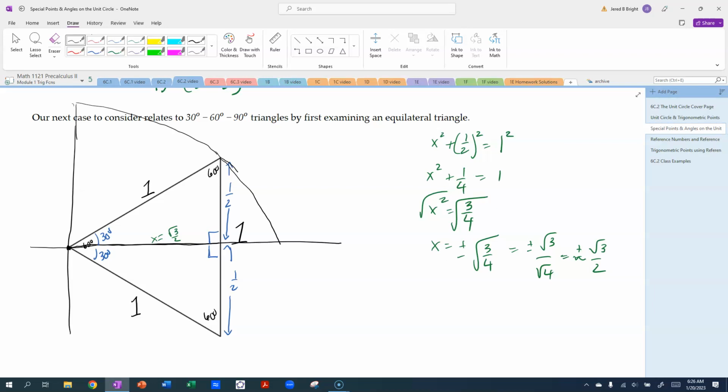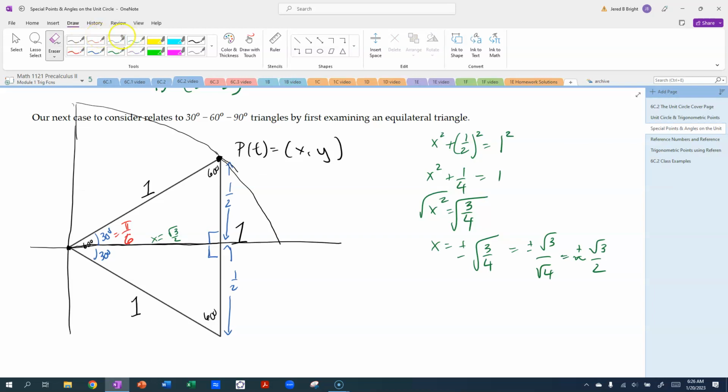So this point right here is a trigonometric point, P of t equals x, y. And t is an arc length, and remember on the unit circle, arc length is given by the measure of the central angle in radians. So the question is, what is 30 degrees in radians? You might need to look this up or do the math. It's pi/6.